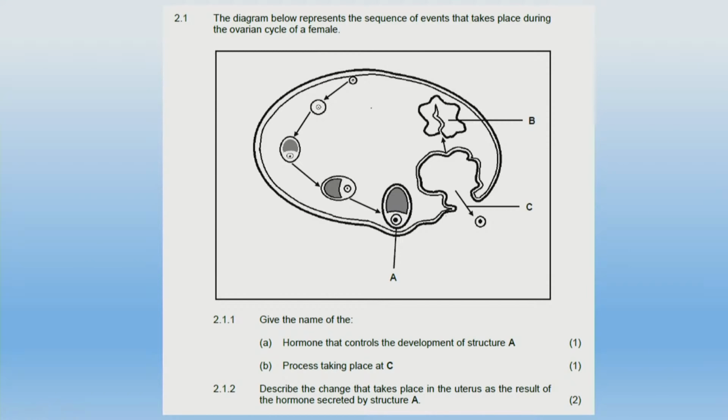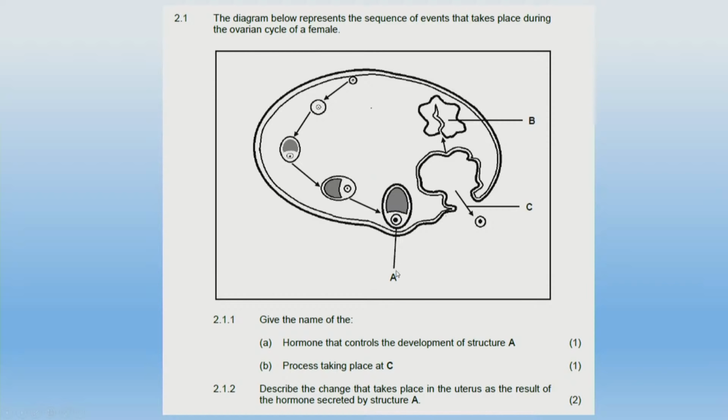Let us take this question. It is question 2.1 from one of the previous question papers, and it reads like this. The diagram below represents the sequence of events that takes place during the ovarian cycle of a female. So here is our diagram.